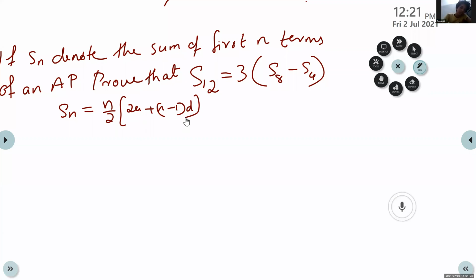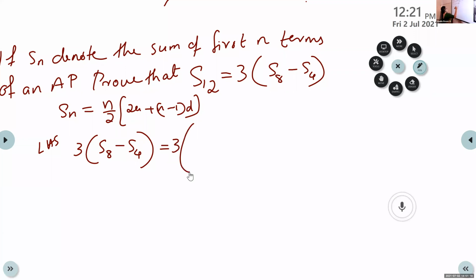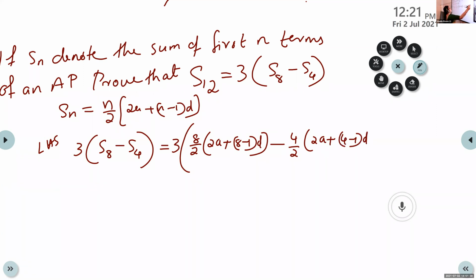We will start with the LHS. LHS is 3 into S8 minus S4. So write the formula for S8 and S4. That is 3 into 8 by 2 into 2a plus 8 minus 1 into d, minus 4 by 2 into 2a plus 4 minus 1 into d.